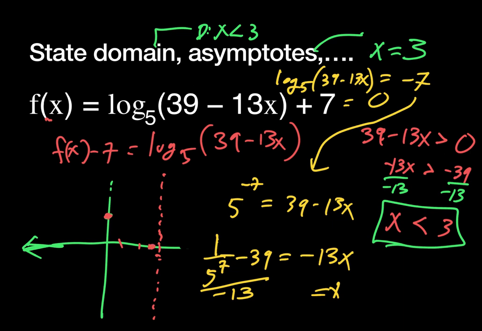How do I know it's just under 3? Well, this is just under 39, sorry. Just slightly less than 39 divided by 13. So 39 divided by 13 is 3, so just less than 39 divided by 13 is just less than 3, which means my graph will be something like this.